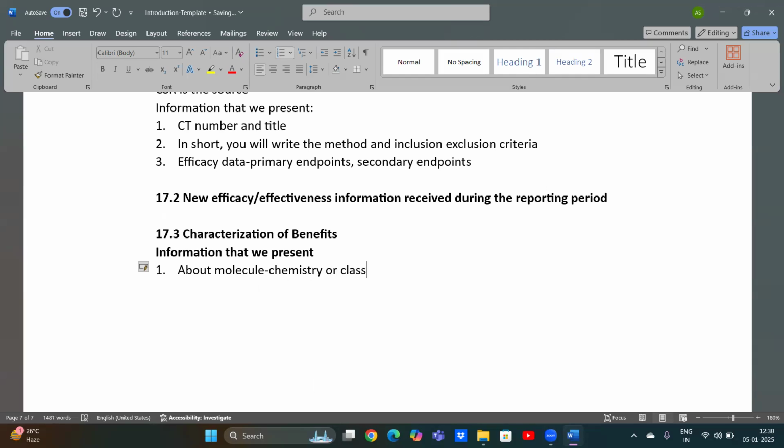Suppose it is an imidazole antibiotic, or a broad spectrum antibiotic, or some inhibitor, that chemistry or class, simply one line, taken from the RSI, whatever is mentioned in the RSI. Then what will you give?